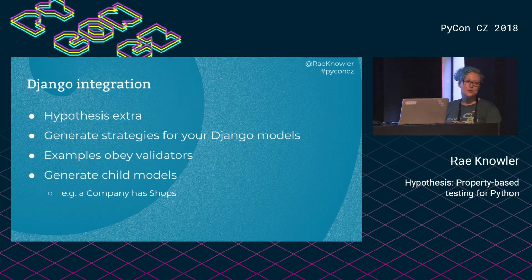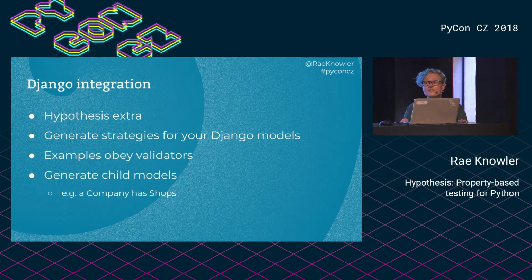As I said, there's a Django integration. You can generate strategies for your own Django models. If you're using validators in setting up your models, then the examples will all obey the validating values. And you can also, I actually didn't show you this in the example, but you can fake generating child models.